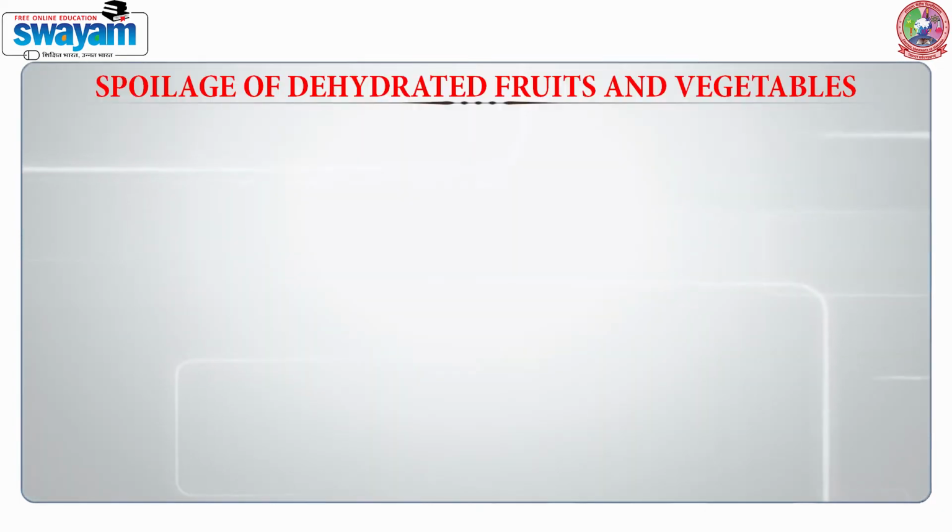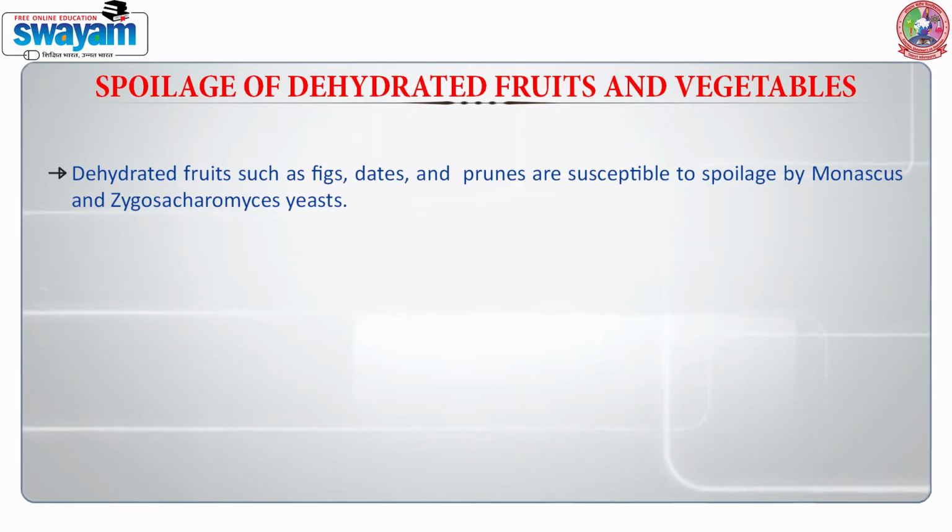Some of the fruits which are dehydrated or some of the vegetables which are dehydrated are also spoiled by microorganisms. Spoilage of dehydrated fruits such as figs, dates and prunes is due to the activity of Monascus and Zygosaccharomyces yeast.